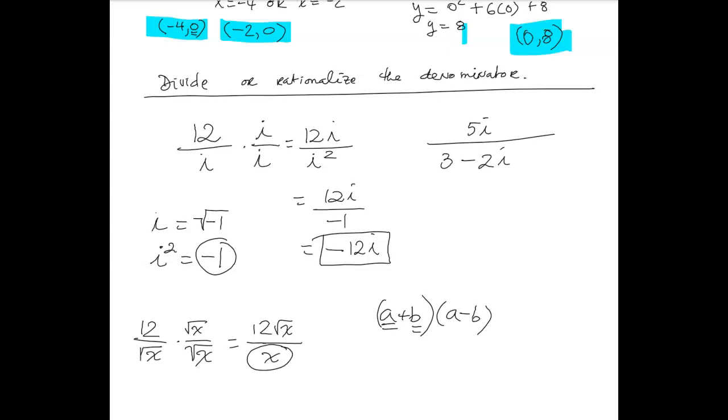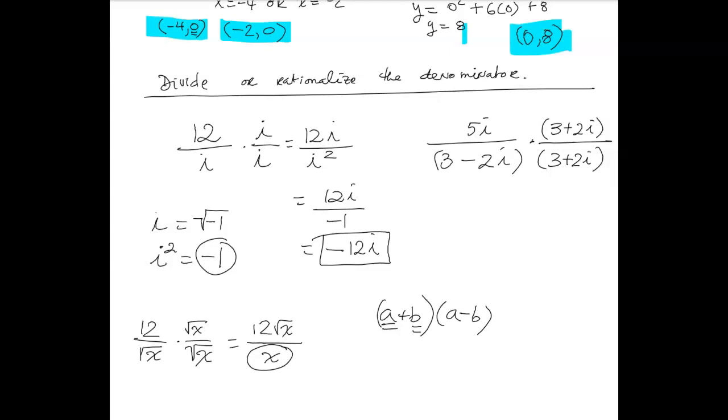Okay, so what I have to do here is multiply this by the conjugate, which is 3 plus 2i. And I will have to multiply the top by 3 plus 2i. Okay? So when I multiply this, the i term is going to cancel out.